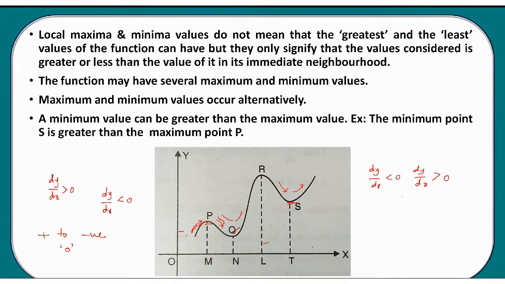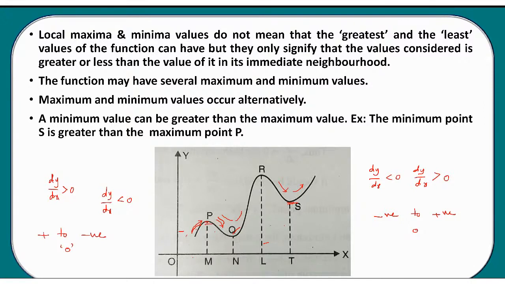So that means, if the function status is changing from a decreasing state to increasing state, correspondingly the slope is changing from negative to positive. So in the process, when the slope is changing from negative to positive, it has to pass through 0.